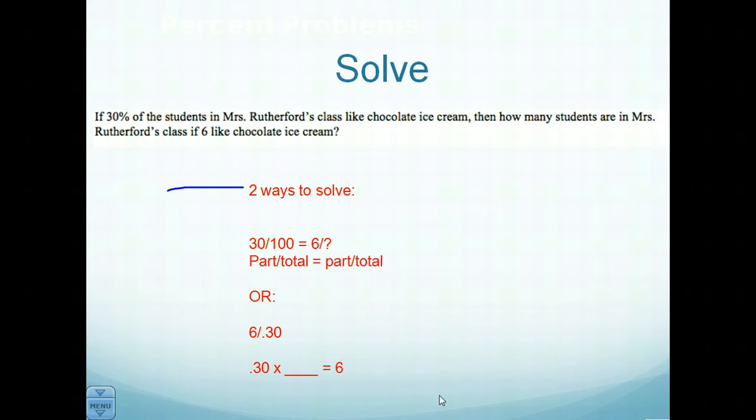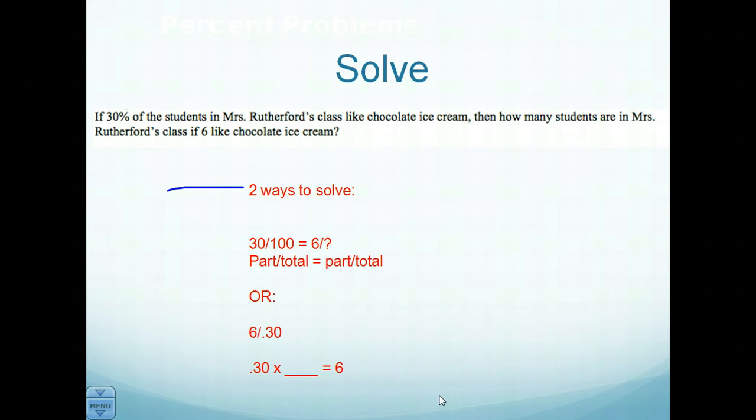Now, there's another type of problem where you are going to find the total. If 30% of the total students in Mrs. Rutherford's class like chocolate ice cream, then how many students are in Mrs. Rutherford's class if 6 like the chocolate ice cream? There are 2 ways you could do this.